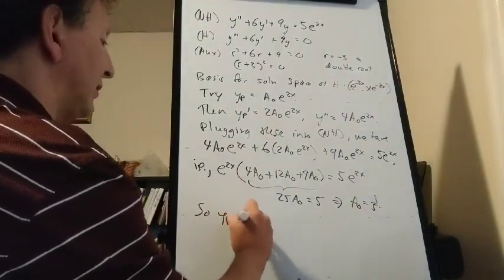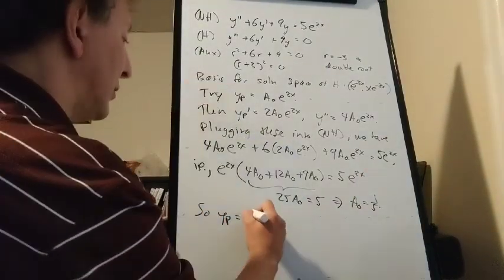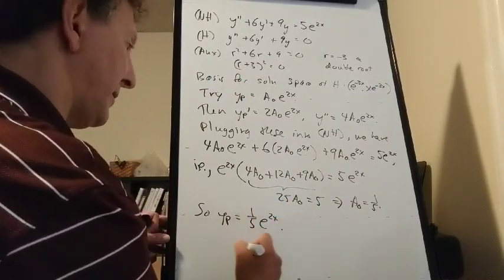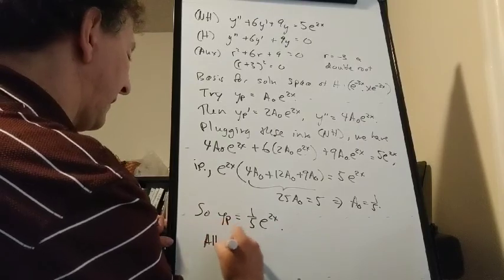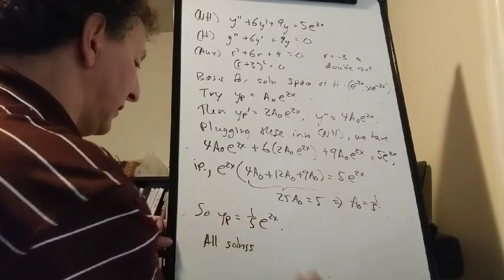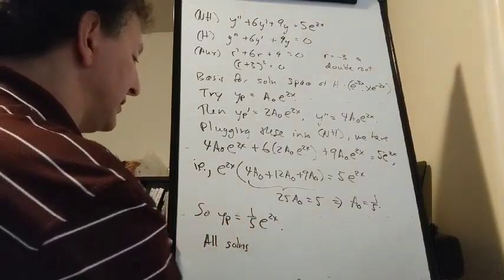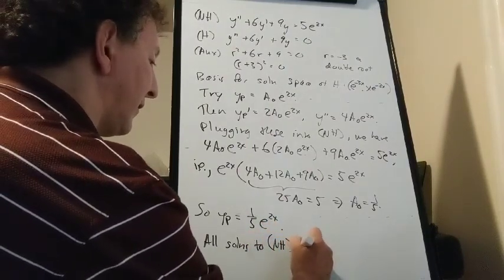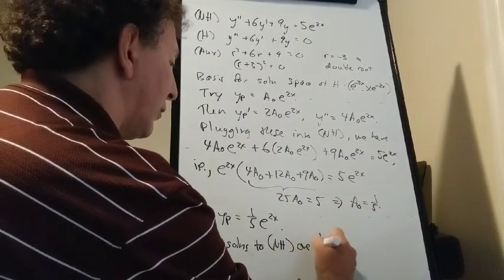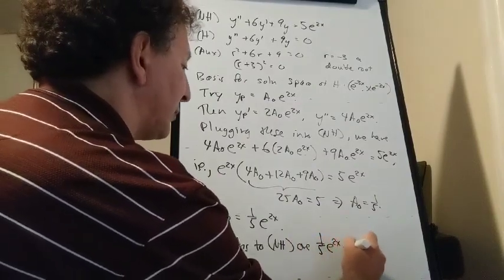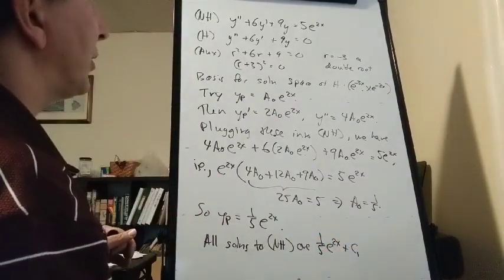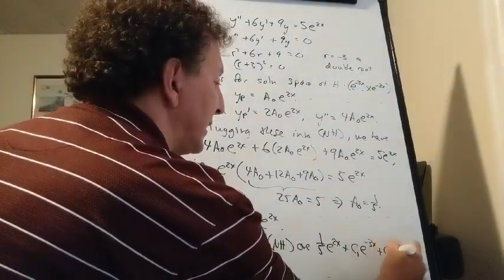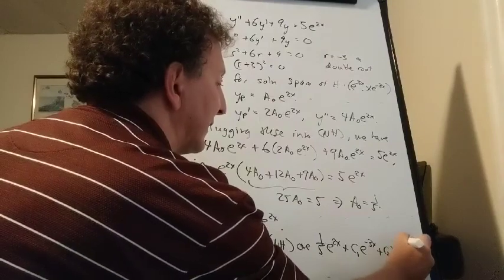So our particular solution is 1/5 e to the 2x. And all solutions to the non-homogeneous equation are 1/5 e to the 2x plus any multiple of e to the -3x plus any multiple of x e to the -3x.